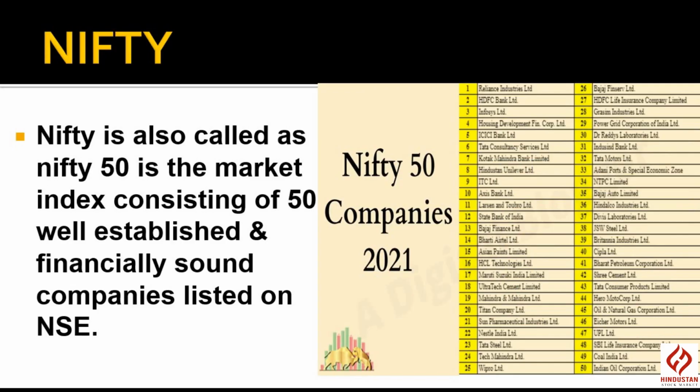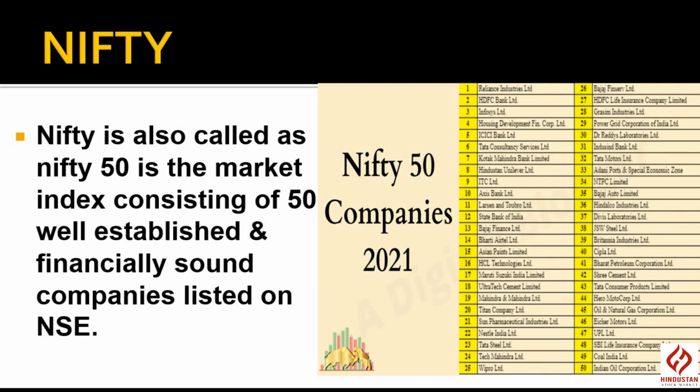Next, Nifty. Nifty, which is also called Nifty 50, is the market index consisting of 50 well-established and financially sound companies listed on the National Stock Exchange of India. Now again, if the majority of the 50 companies are going higher on a particular day, then Nifty will also go high.